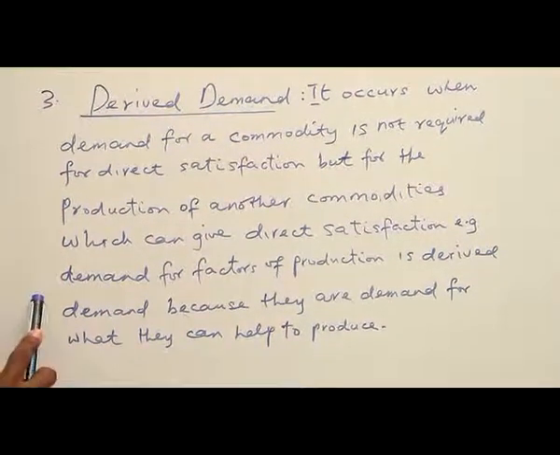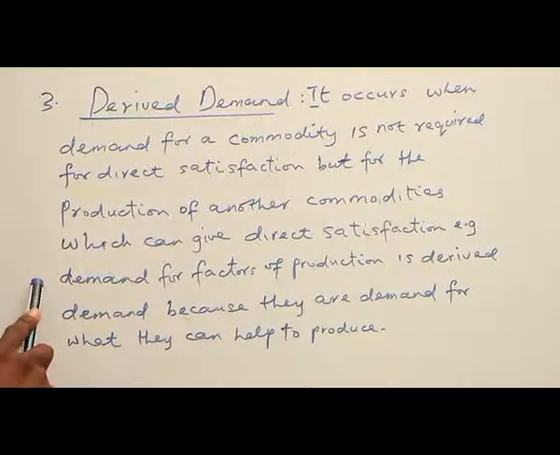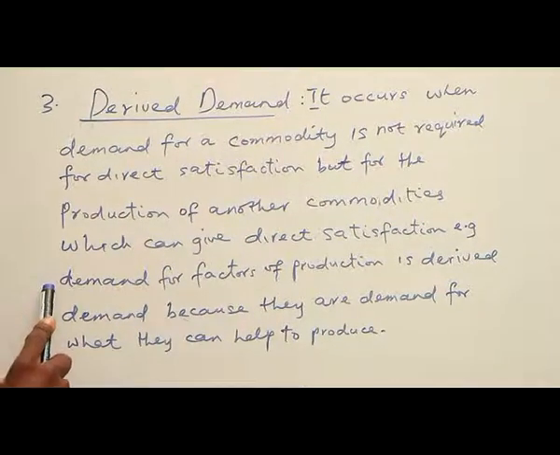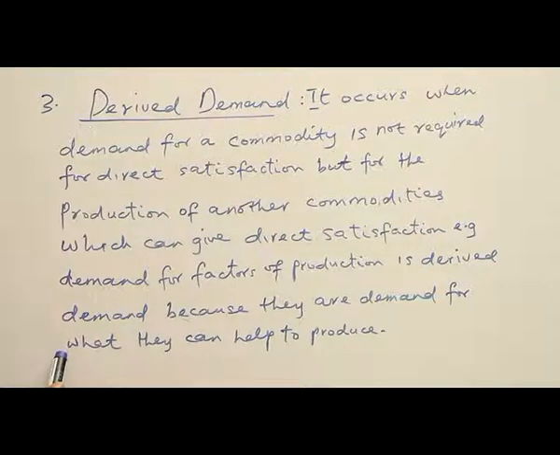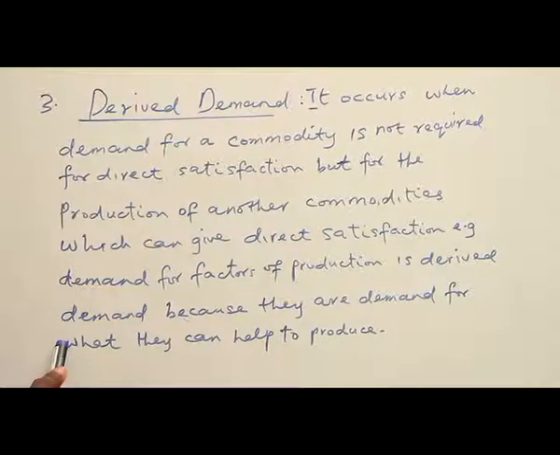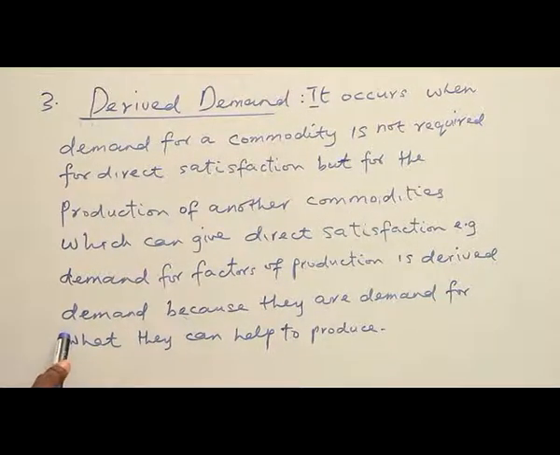Now we have said factors of production happen to be a derived demand because we are not demanding it, but what it can produce. Not only that, let's look at kerosene and stove. We don't just need kerosene and stove, but what they can give to us, that is making goods for us, cooking. So kerosene and stove are derived demand.